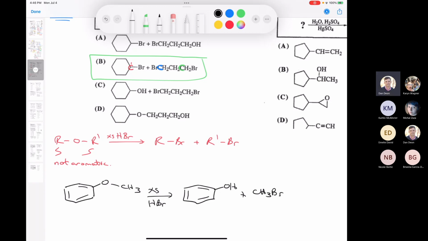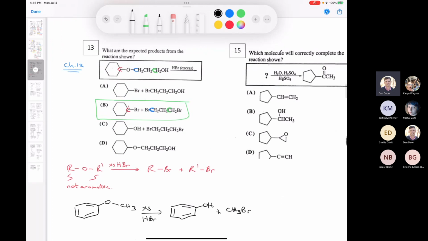Again, that's a chapter 12 question, so make sure you review chapter 12. It's just the acidic cleavage of an ether, is what you would call this. That's all that's going on here. Nothing more than that.